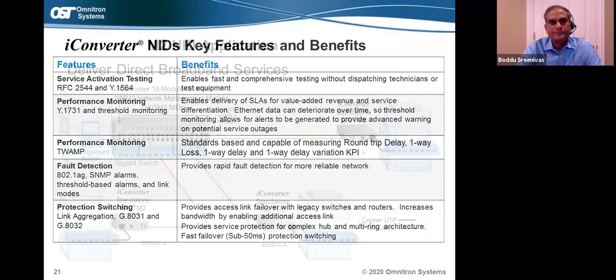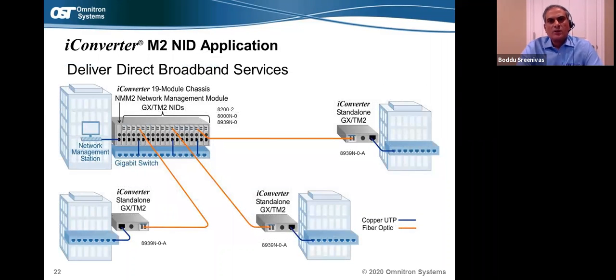Next slide, Jake. Yeah. So if we look at the most basic application with our M2 NIDs, as I was mentioning, the M2 NIDs are primarily used for point-to-point type of applications. So in this example, we're showing you a typical potential campus type of network where you have a central location with our 19-module chassis, and then you have multiple remote buildings where you have our M2 remote units installed.